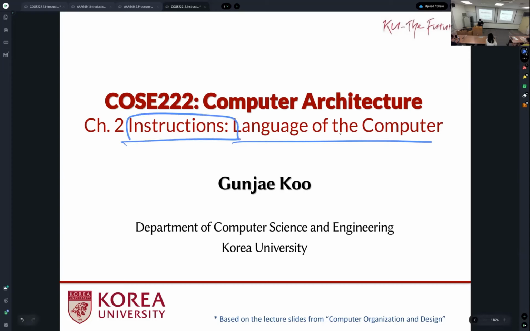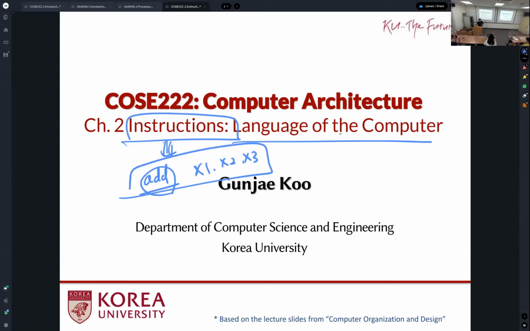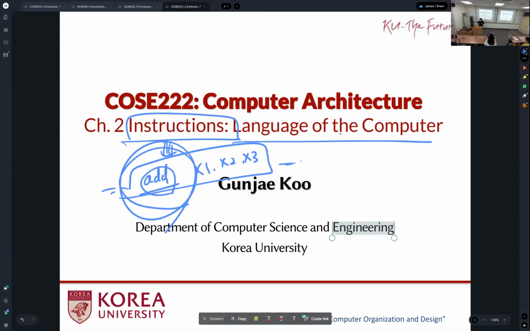A computer system receives an instruction like add x1, x2, x3. This is a kind of word. Then what should the computer system do for this instruction? We need to define the meaning of the instruction, and this meaning is defined in the instruction set architecture.